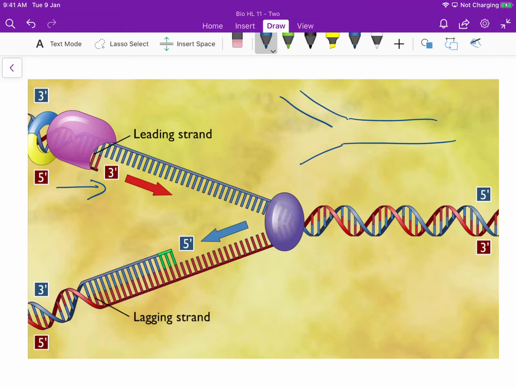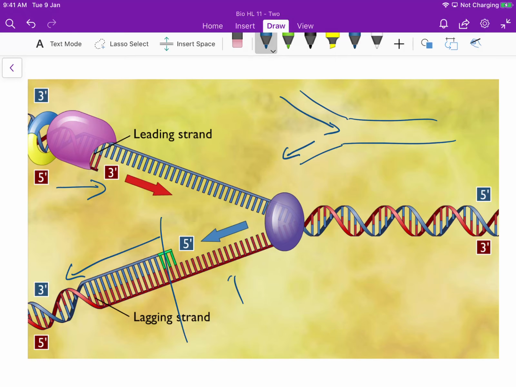So it's going towards the fork on that strand, but 5' to 3' on the other one is going away from the zip. And that means that as we unzip, we can do a section, but that's it. It can only be done in sections. And then more will have been unzipped.